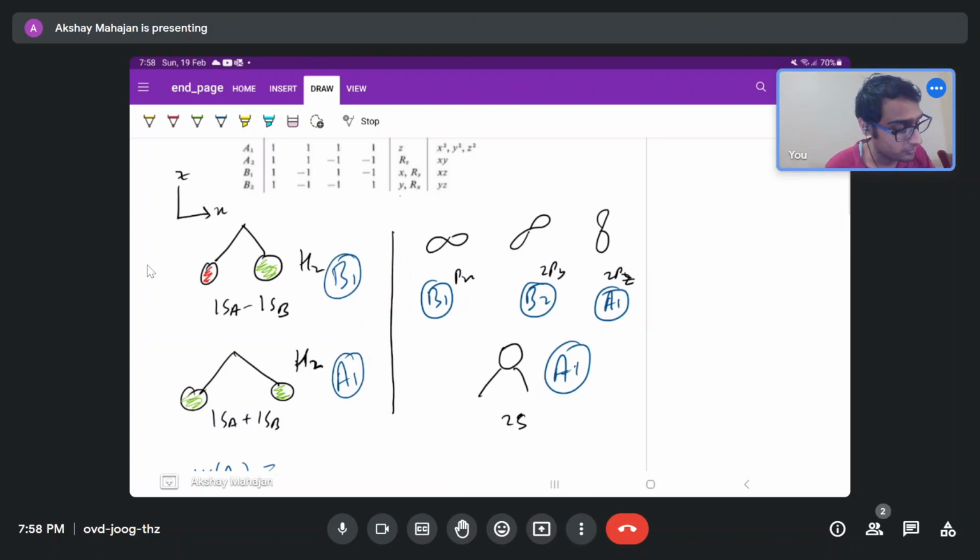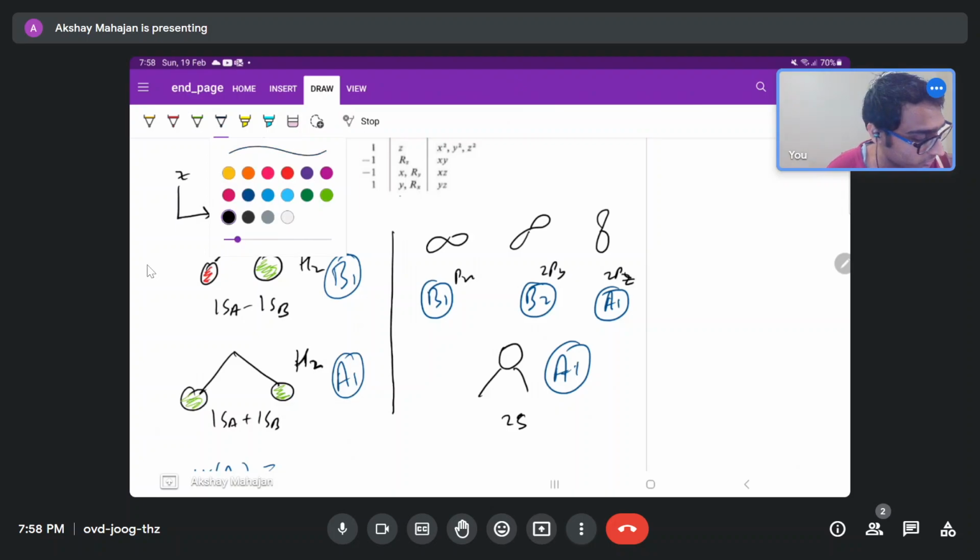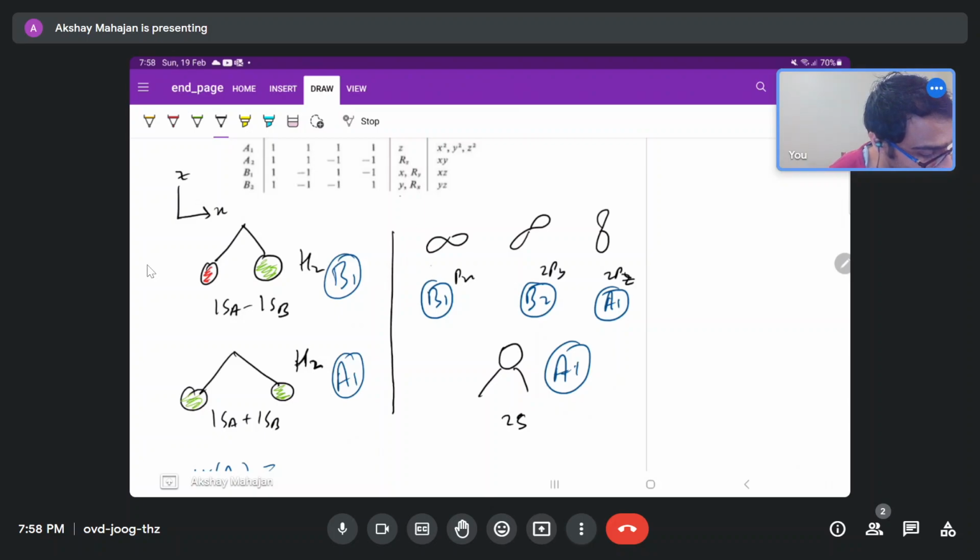Sorry about that. Actually, this is for sulfur. This will be 3px and 3py, 3px, 3py, 3pz, and 3s for sulfur.